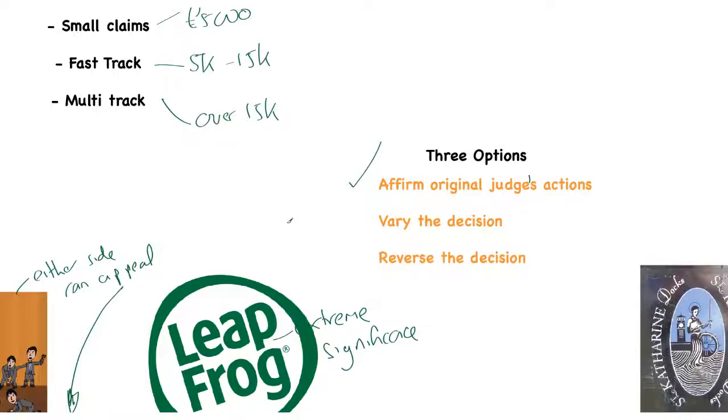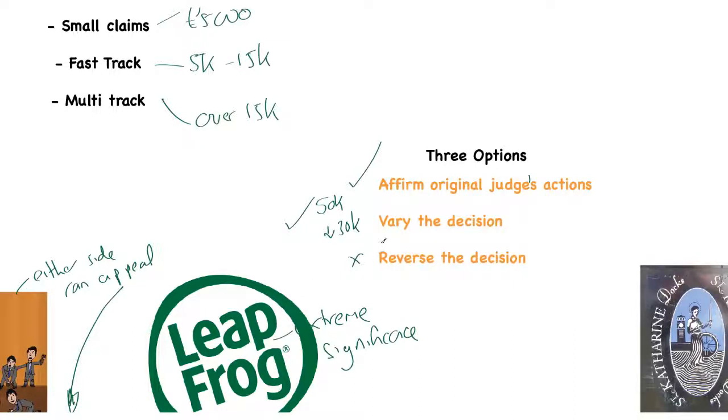So they may say, we agree with the original judge, but we disagree with the amount that they have awarded. So we may go from £50,000 awarded down to £30,000 awarded, for instance. And the third thing they can do is reverse the decision. That would mean we disagree with the original judge and we are now allowing the appeal.